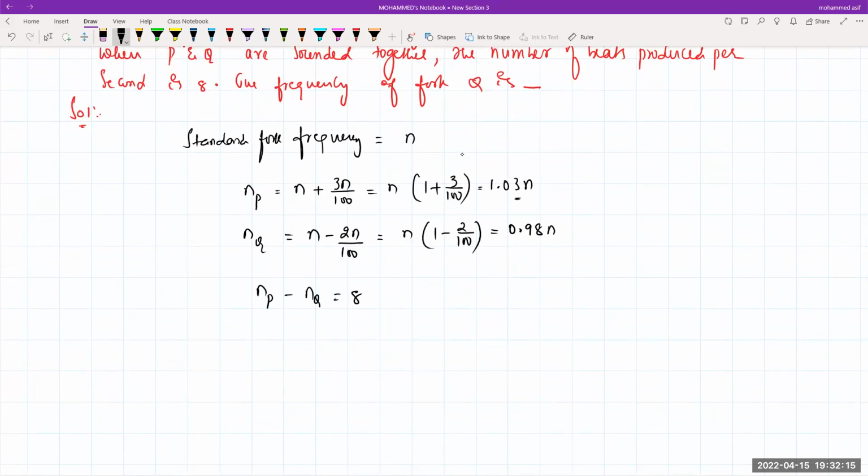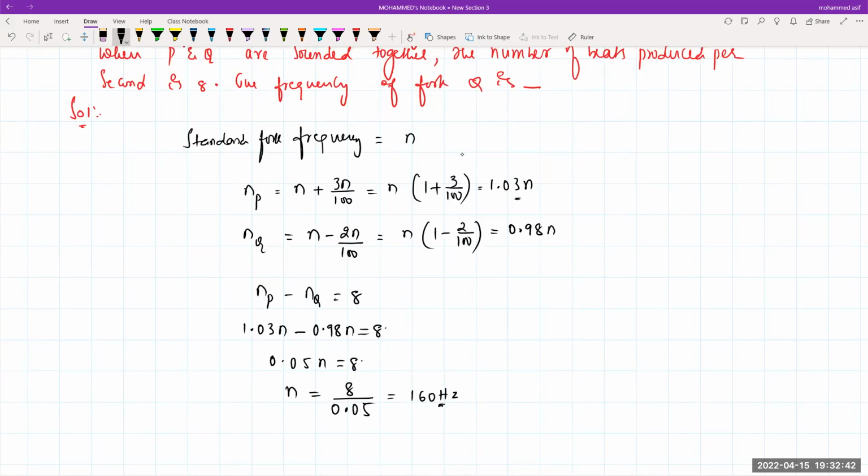That means 1.03 times n minus 0.98 times n equals 8. 1.03 minus 0.98 is 0.05, so 0.05 n equals 8. So n equals 8 divided by 0.05, which is approximately 160 hertz.